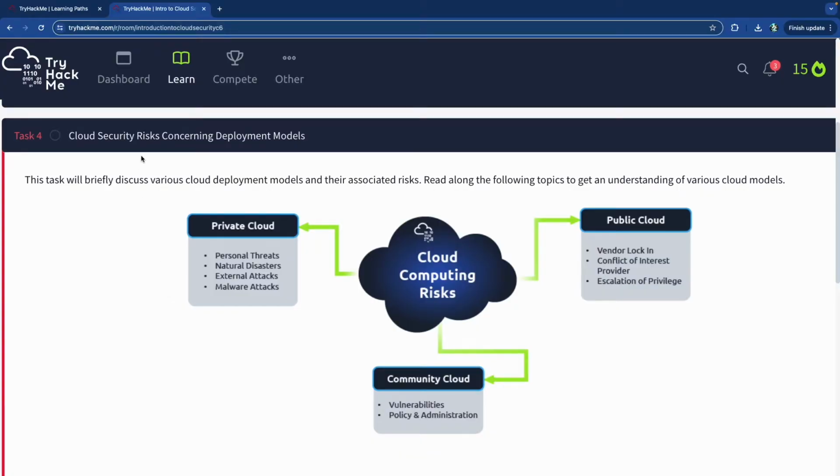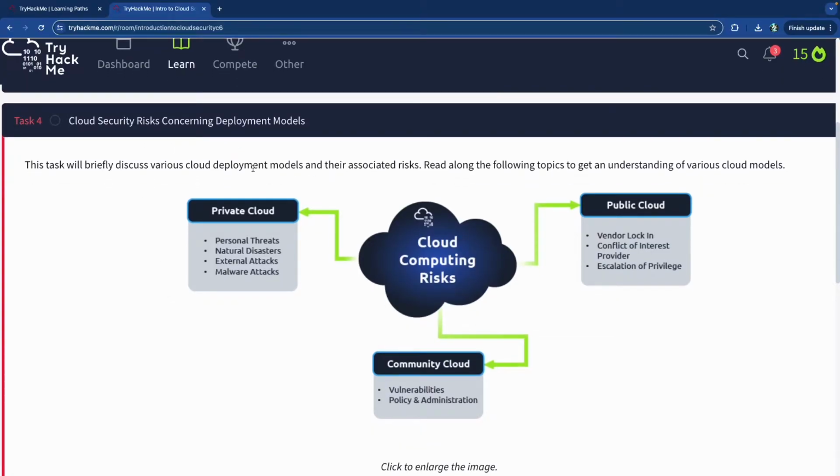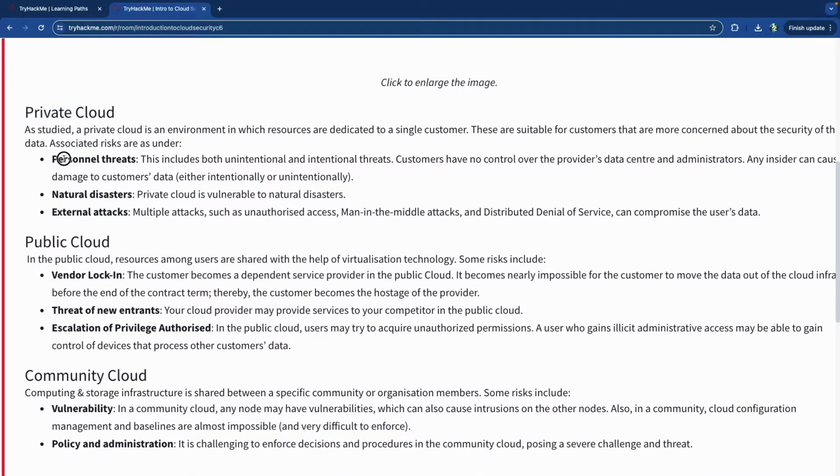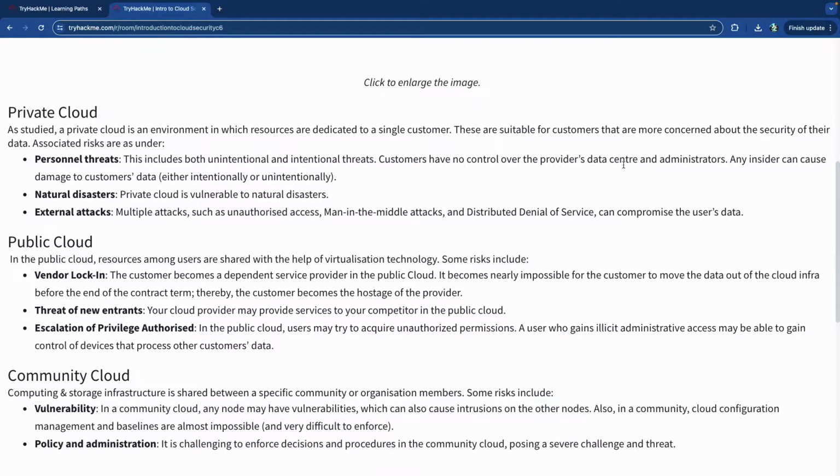You have the cloud security risk concerning the different deployment models. And so you have the private cloud. So personnel threats, it includes unintentional and intentional threats from the personnel. So they don't have control over the provider's data center and administrators, and any insider can cause damage to the customer's data, either intentionally or unintentionally.